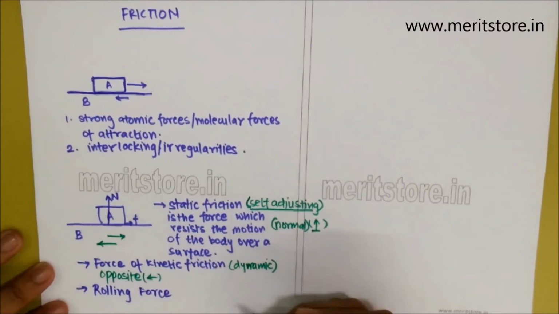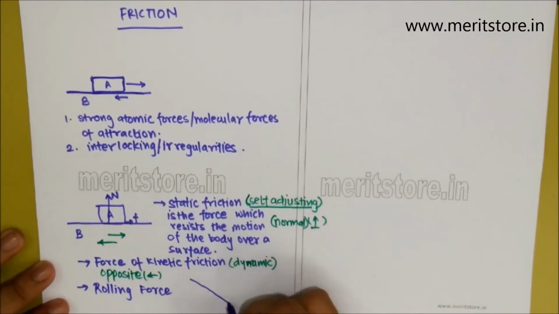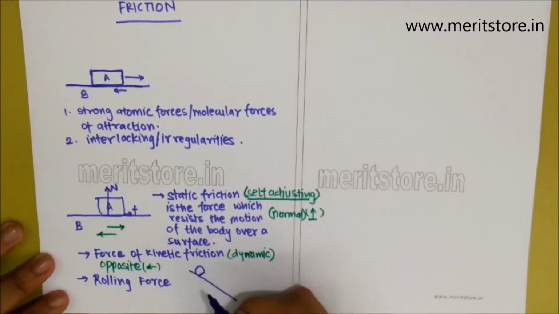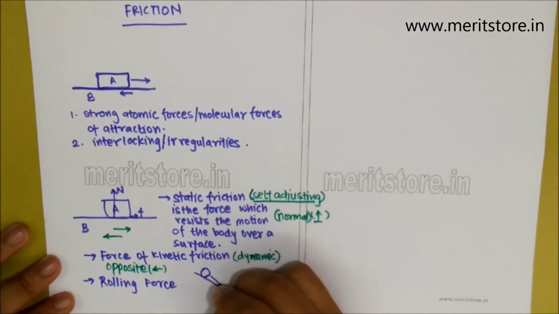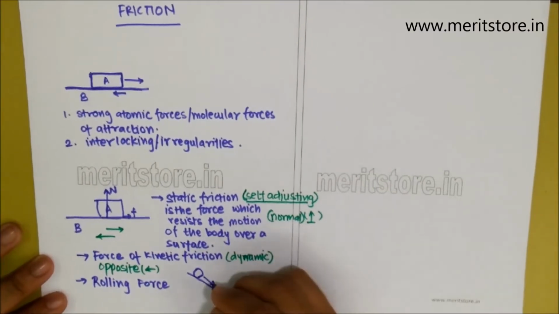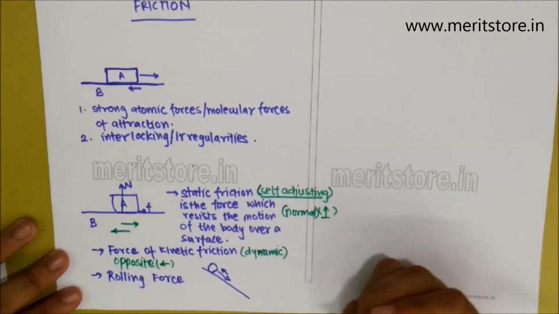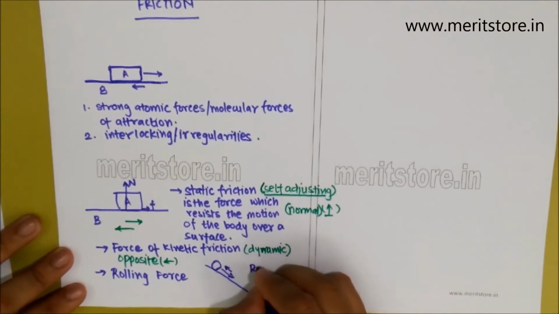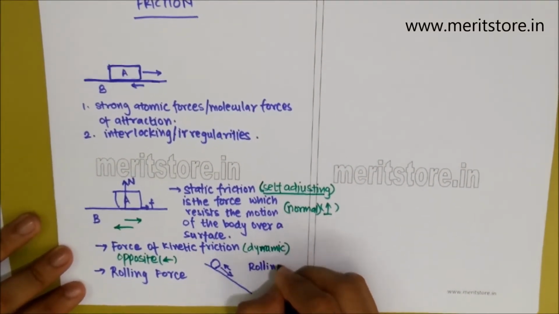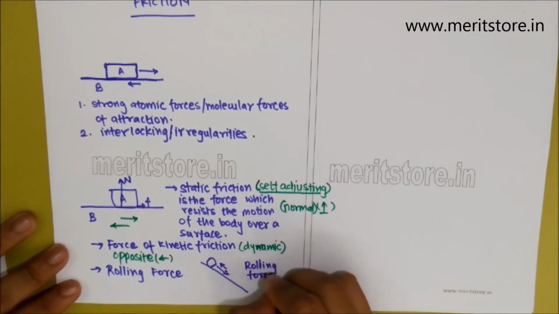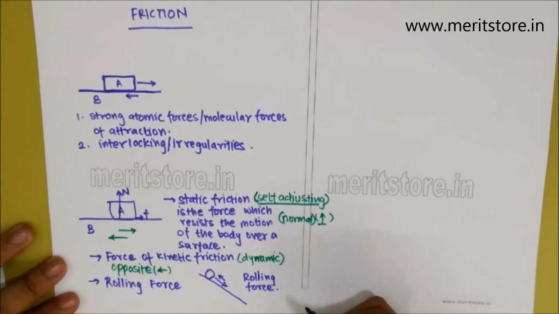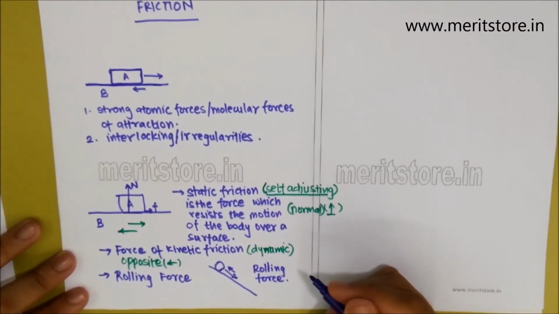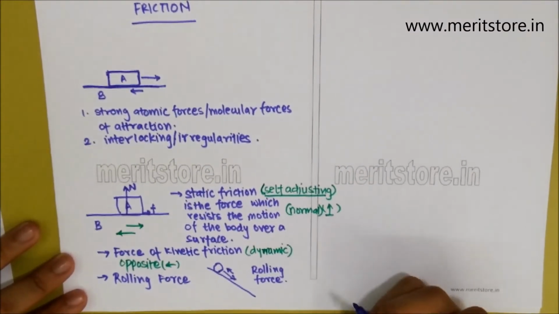Now say for example we have a ramp, and on that ramp we place a ball. This ball will tend to roll over this ramp, and there will be a force opposing this motion. This force is known as the rolling force. So it is the force that comes into play when two bodies are in contact and one body is rolling over the other body.